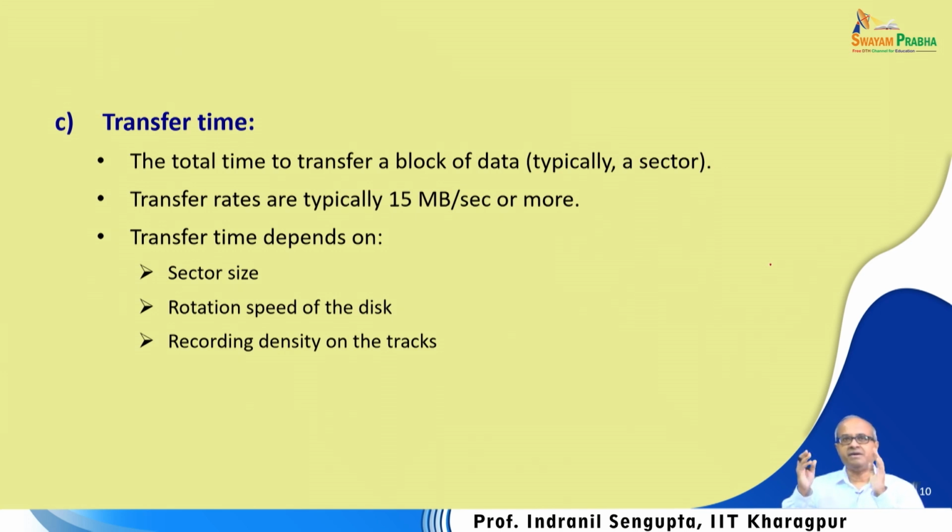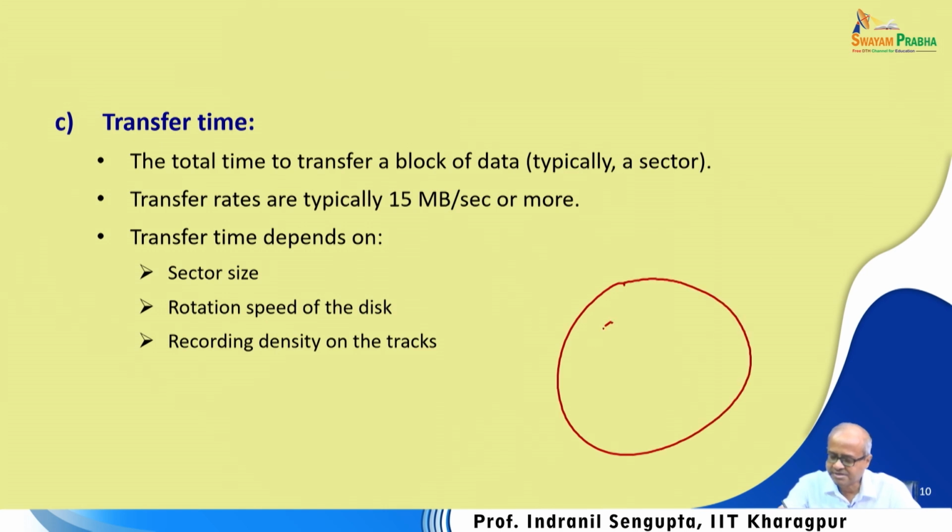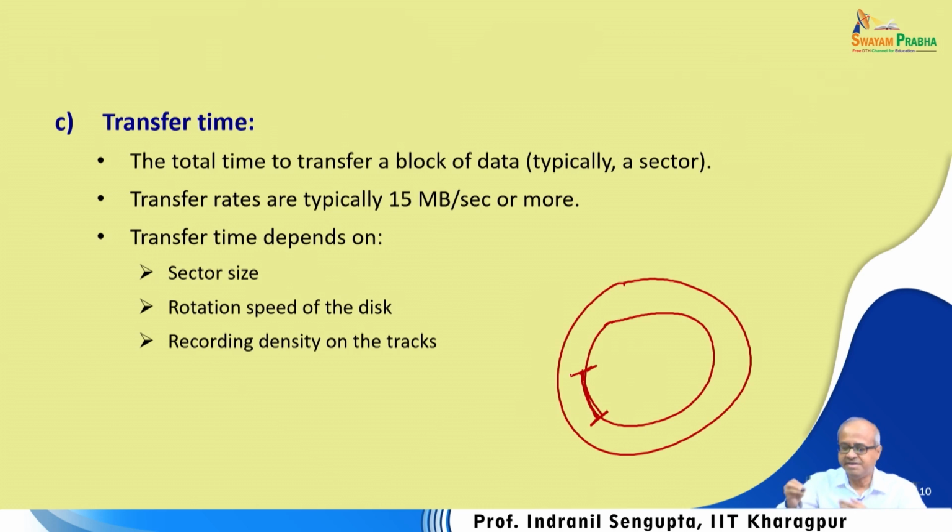And third is the actual transfer time, because if you look at a surface, a track and a particular sector, let us say this is a particular sector you want to read. After you reach a sector, the read write head is on top of a sector, then you start reading the data bytes of the sector.